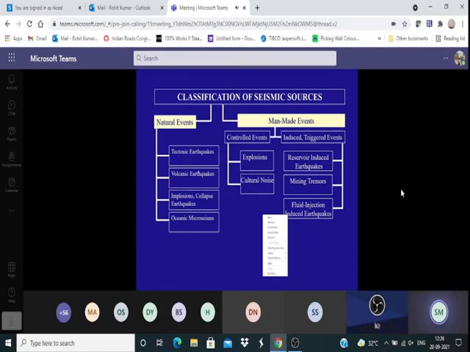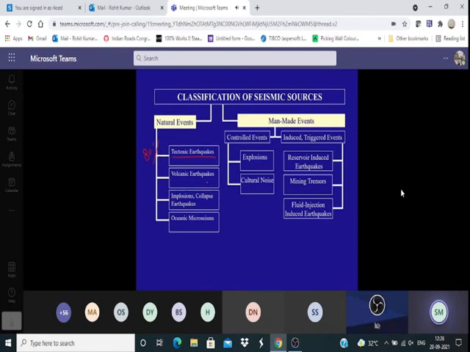So whatever forces are there within the earth, it is because of that. So more than 80% of the earthquakes are tectonic earthquakes. So wherever you hear about the earthquakes, particularly in India, they are all tectonic earthquakes.